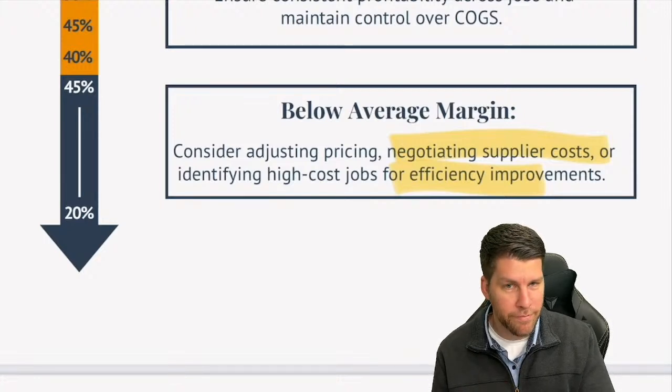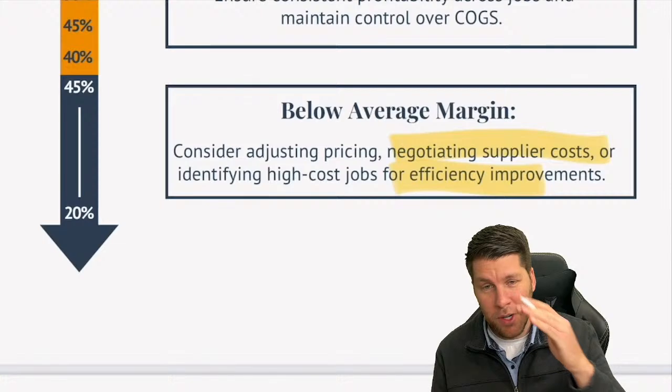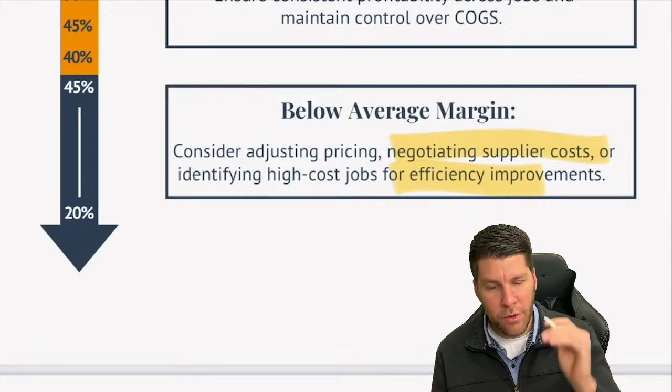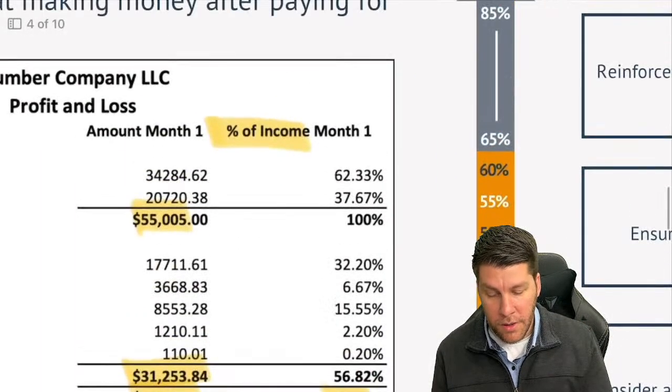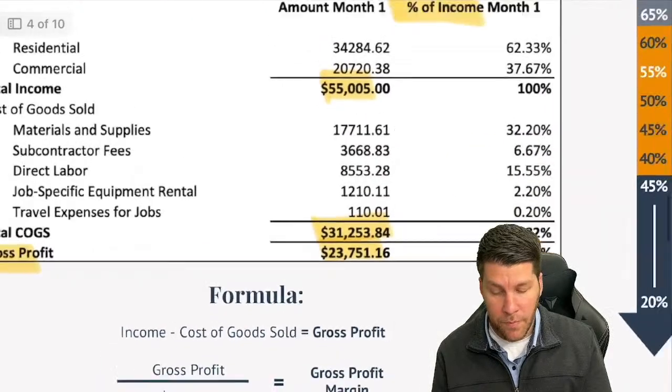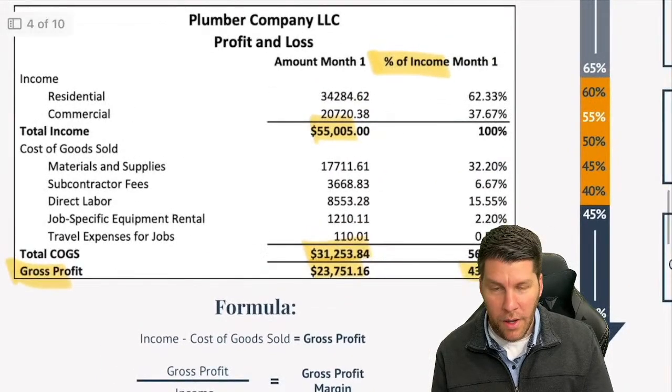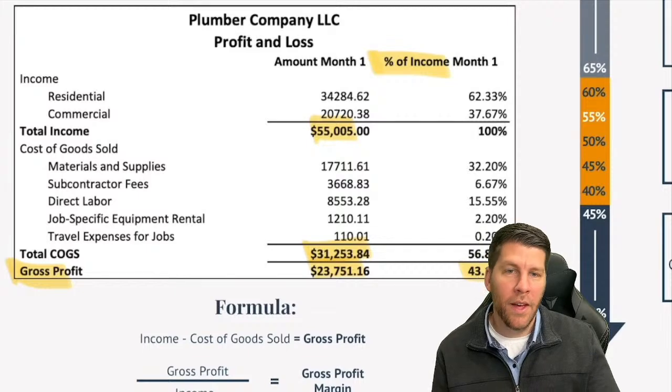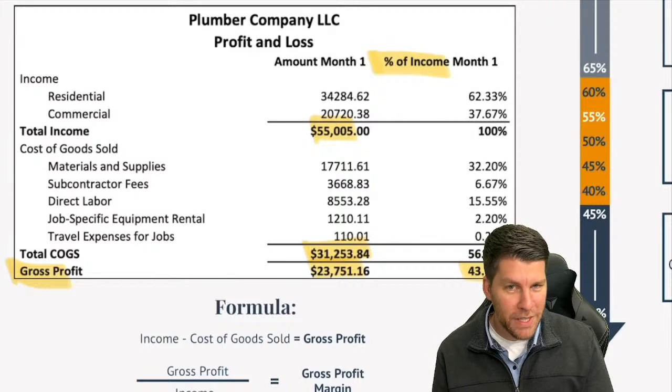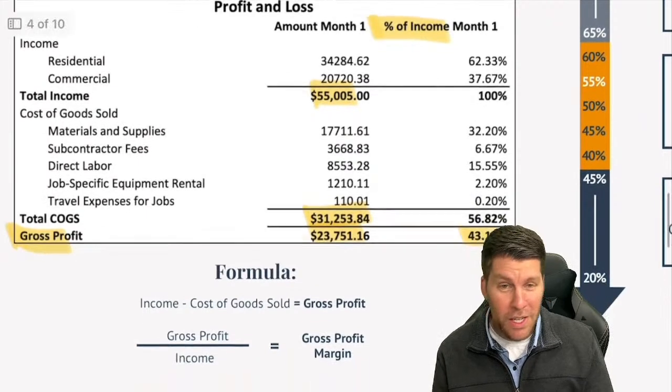That is more painful to address, especially if your sales go down and your COGS costs are staying the same. That could be a big problem, but you should definitely have an eye on it.